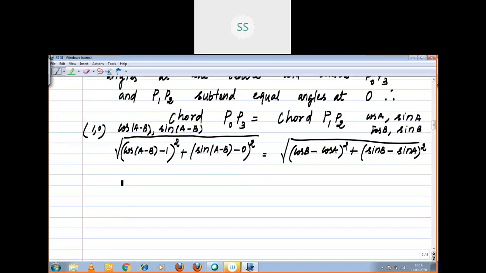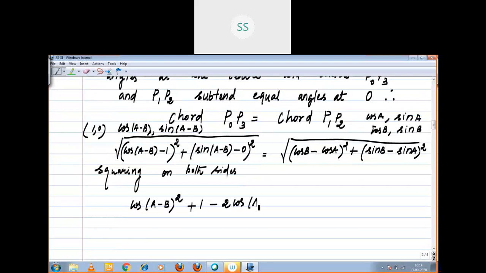See, on both the sides we are having square root. So we are going to square on both the sides. Then only it is easy to equate. Right? How to equate, you see. Squaring on both the sides.